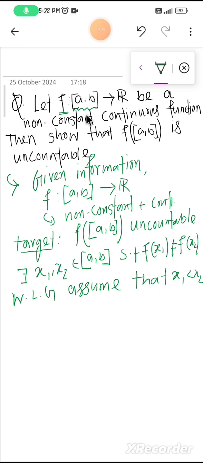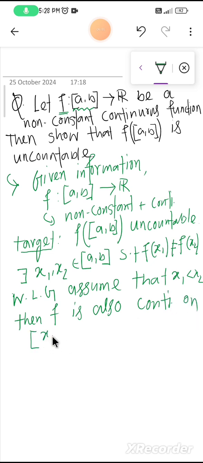Now since this function is continuous on closed interval ab, this function f is also continuous on closed interval x1, x2. Why? Because x1 and x2 both belong to this closed interval ab. So this function is continuous on this entire domain, then obviously it is continuous on this subset.